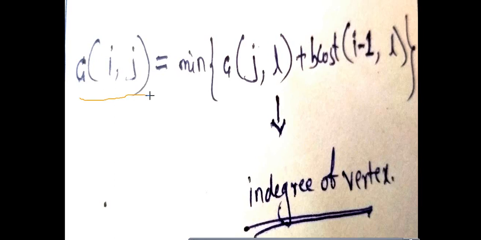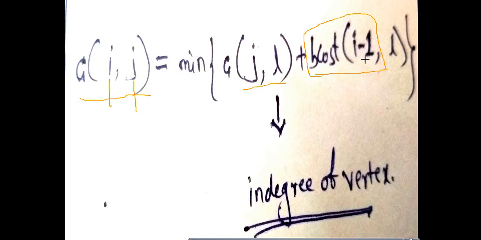You know very well what C of i, j means. i is the stage number, j is the vertex name, minimum of C of j comma l plus b cost of i minus 1. Observe this: in the previous approach we used only cost, and instead of i minus 1 we used i plus 1. This is the only difference.